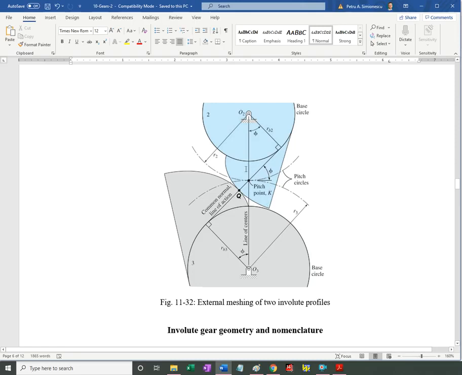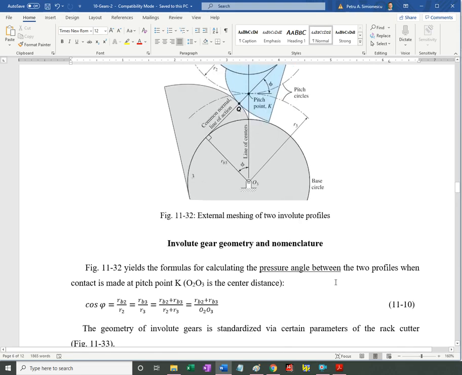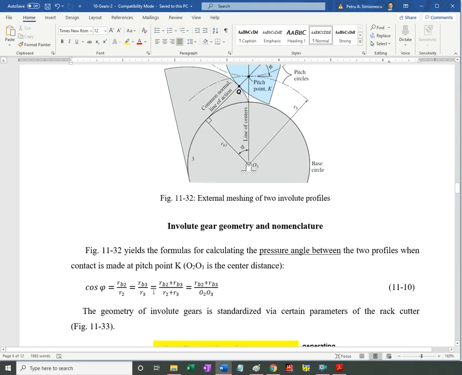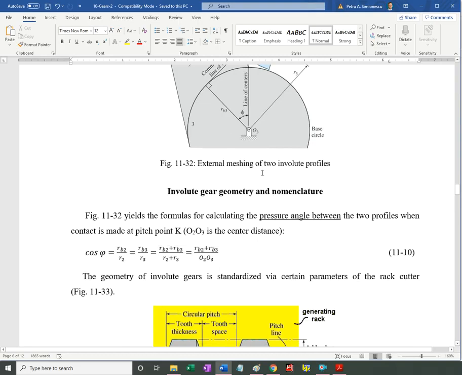So this angle here is 90 degrees minus the pressure angle, so this is the pressure angle because I have 90 degrees here, and likewise on this other gear. Okay, so the geometry properties allow us to relate, like I said, the pressure angle to the radii of the pitch circle or the base circle.